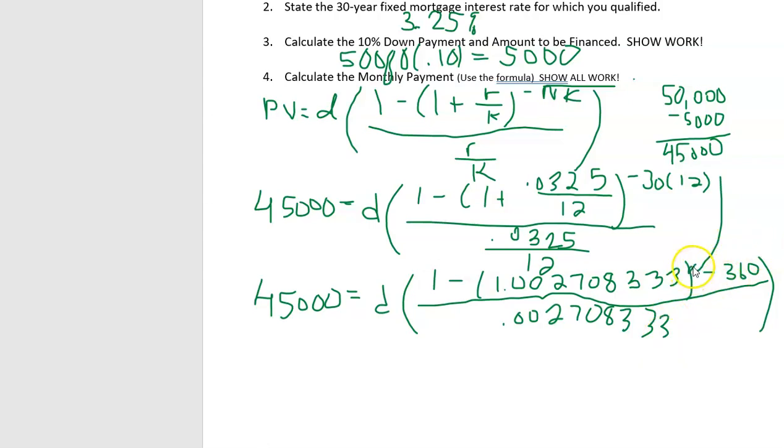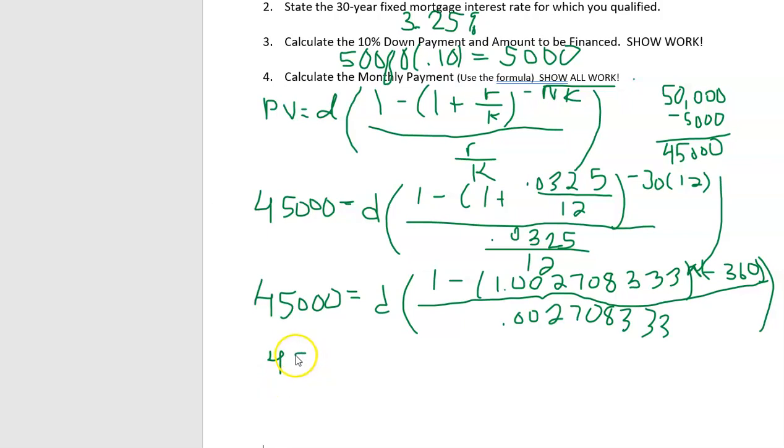My handwriting on here is so bad that it makes it look like I'm subtracting 360 when it's actually the exponent. Notice that I did put this in parentheses, so we are certain that's the exponent. I put the little caret mark there, because this is exactly how we're going to enter it into the calculator. We're going to take this number and raise it to the negative 360 power, and there have to be parentheses around negative 360 in order for it to get it right.